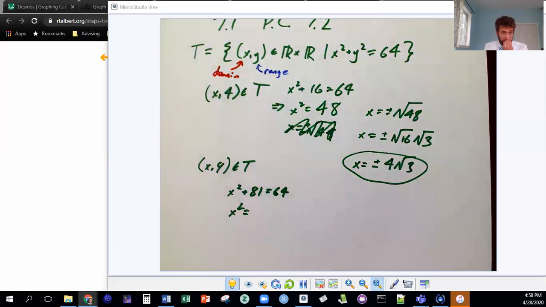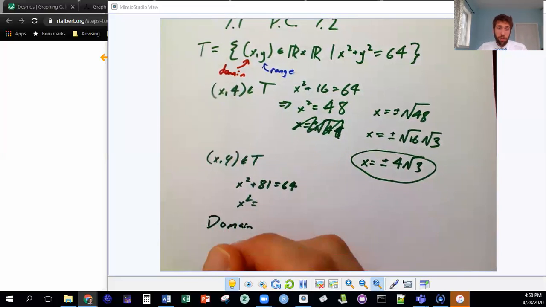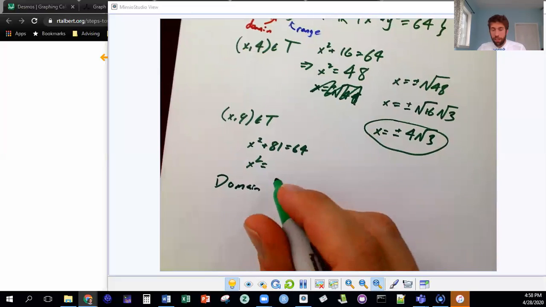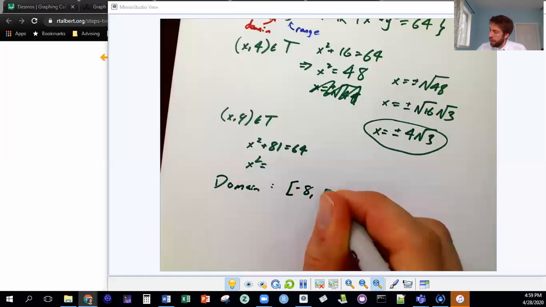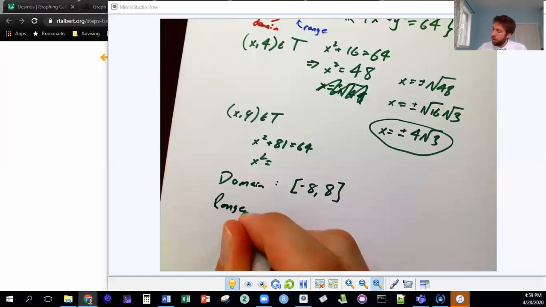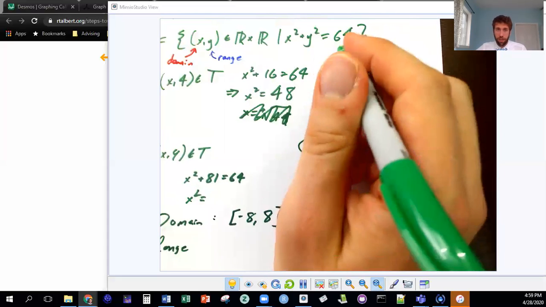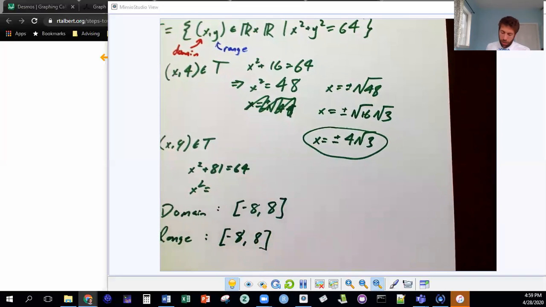Well, what's the smallest number I can get? That's -8. What's the largest number I can get? +8. So the domain, in interval notation, because it's clean and simple, is -8 to +8, including the 8s. What is the range? Now, this relation is symmetric, so the range and domain are the same: -8 to +8.